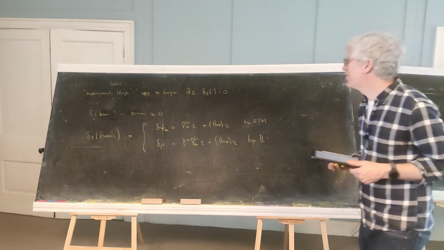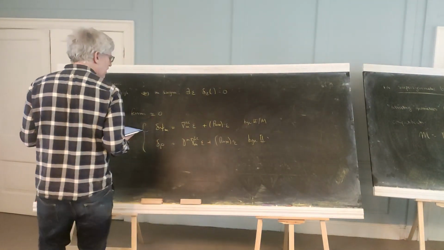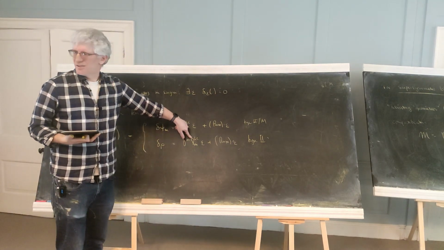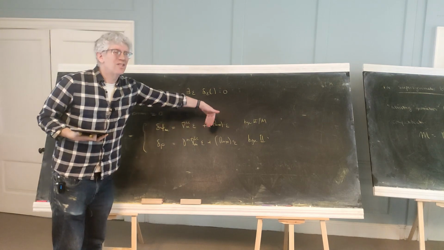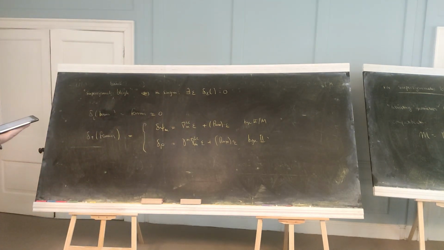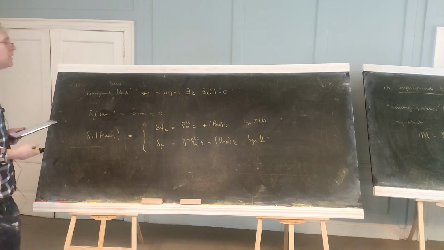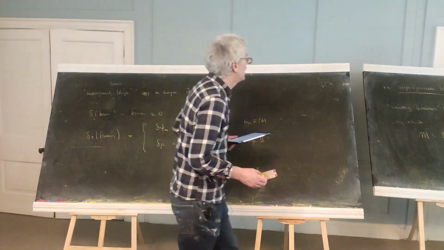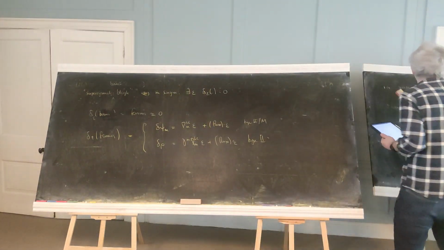I wrote down those variations on the last time. All I want to say is that what appears here is the nice Levi-Civita connection, the thing you're familiar with, but there are some other terms that depend on the flux. So what are we going to do? Let's, to keep things simple, just think about turning off the flux.